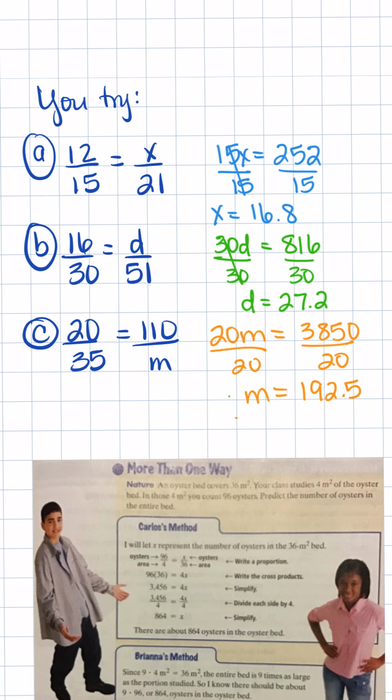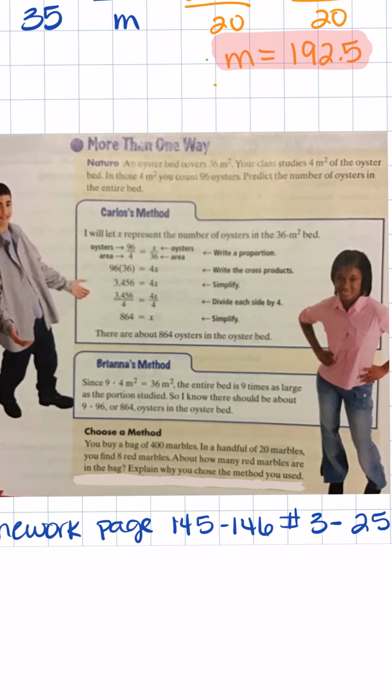Okay, so for A, you should have got x equals 16.8. For B, d equals 27.2. And C, m equals 192.5. So there is more than one way to solve these types of ratio questions.